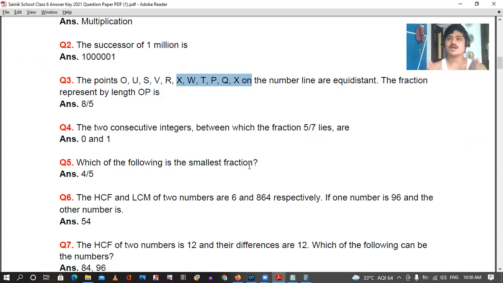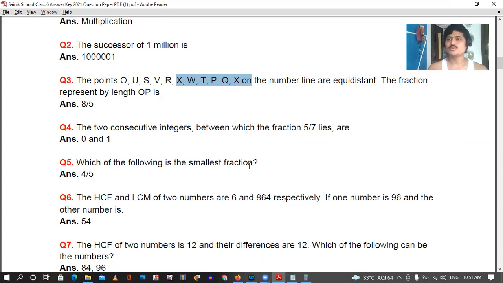If you don't want to do that, maybe there are only 4 options and you are good at division, then divide them. 4 by 5 is basically the answer which is given. If I'm good at division, 4 by 5 means basically 0.8. Similarly, others are also there and you can divide them.